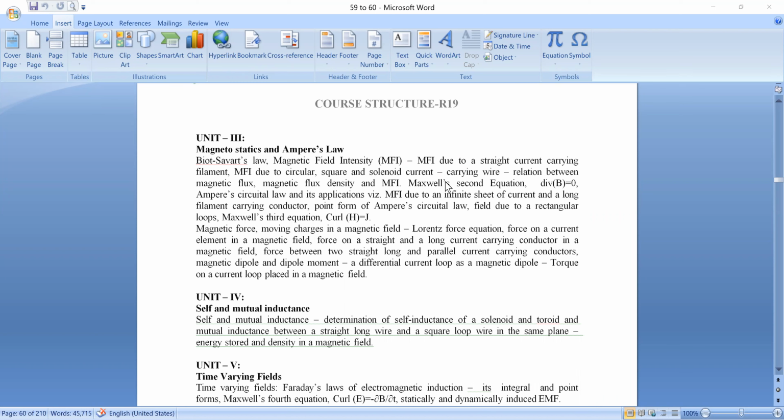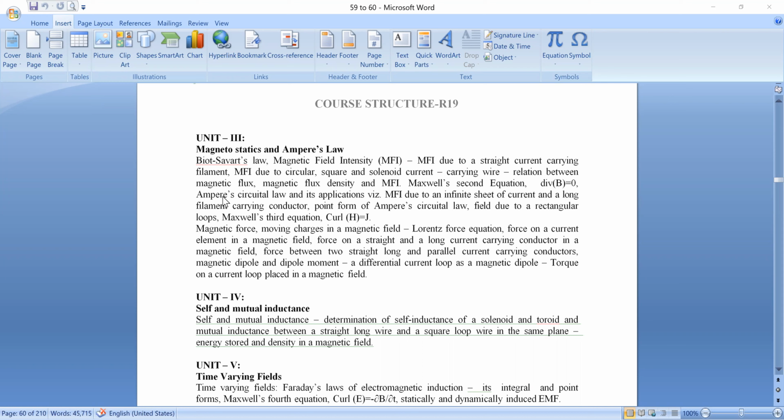In every set of papers there is any one of the Maxwell equations: derive Maxwell's first equation, or second equation, or third equation, and fourth equation, like that. So these Maxwell equations are very important in this chapter, in this paper. So this is about Biot-Savart's law.